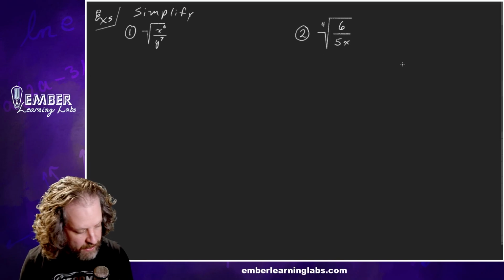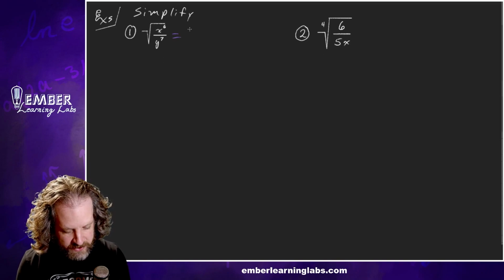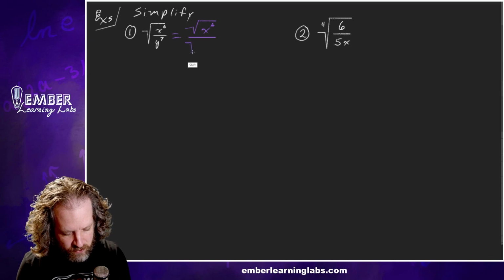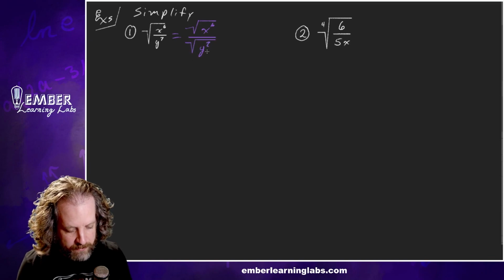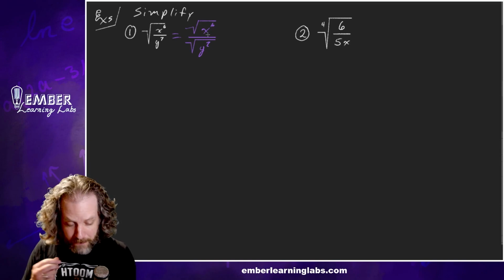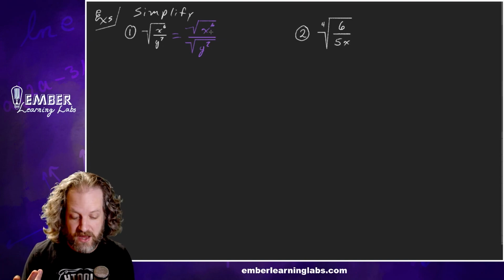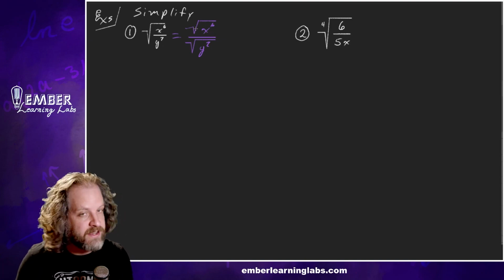So let's start out by turning this into the square root of x to the 6th on top and the square root of y to the 7th on bottom. On the top one, we can turn it into something that's got a 2 in it, because 3 times 2 is 6, right? And we want the 2 because it's a square root.